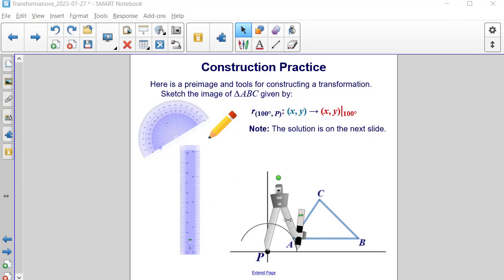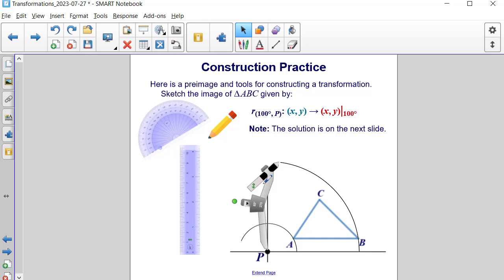Next, let's draw an arc through point B. So we'll extend our compass out. Let's see if that's enough. Yep, there we go. And we'll draw our arc so that we have at least 100 degrees to work with. And notice that this arc did not go through point C, so we have to bring our compass into C. There we go.